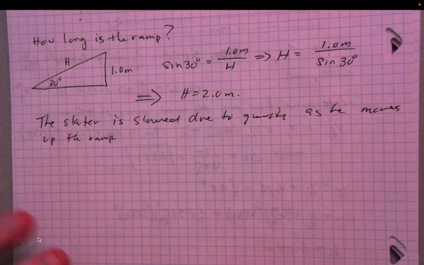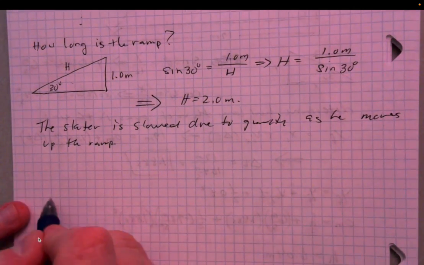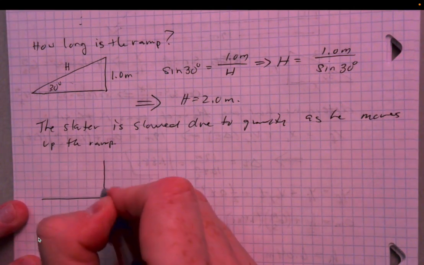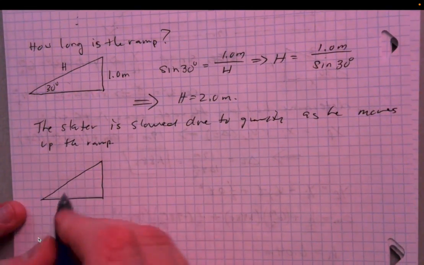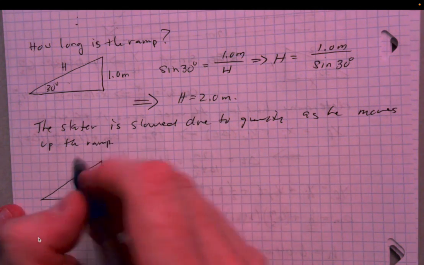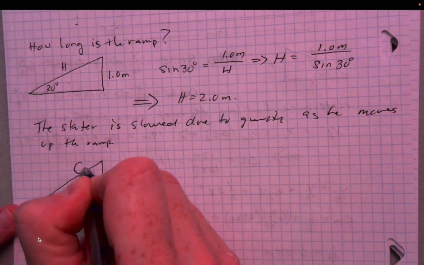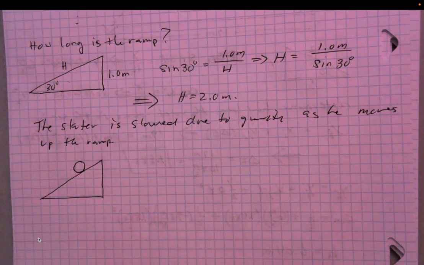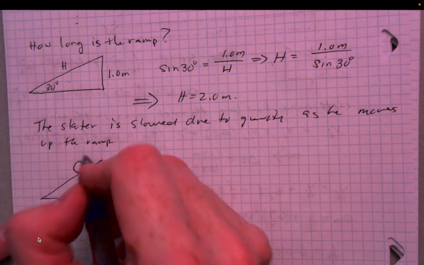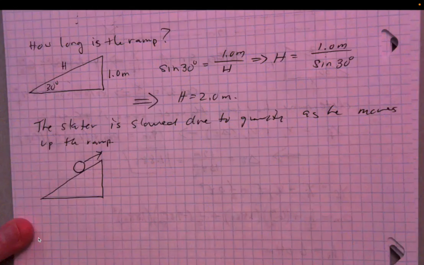Okay, so let's think about how this is going to work, right? So let me draw the ramp here. All right, and I'll just put a circle on here to represent the skateboard. It doesn't matter the shape, just an object is on the ramp. Now, the velocity is in that direction. That's our v.